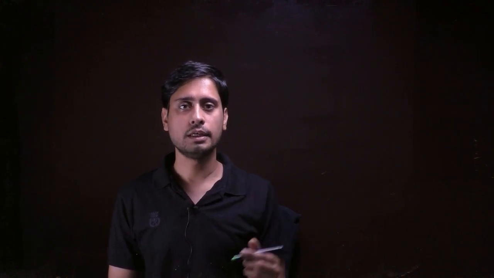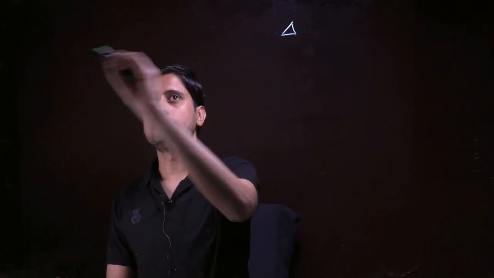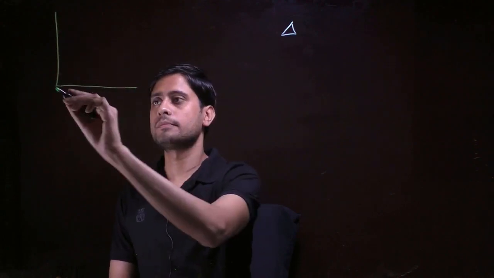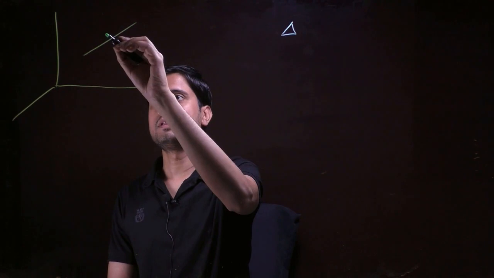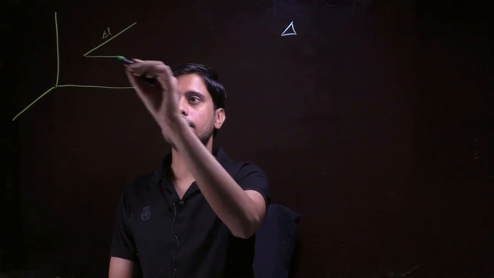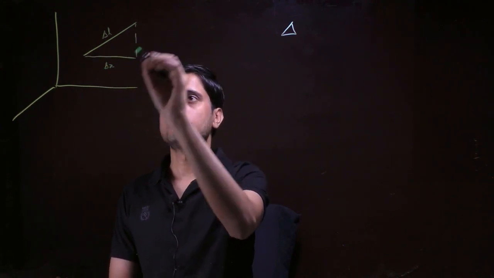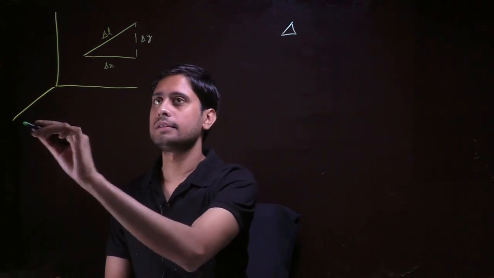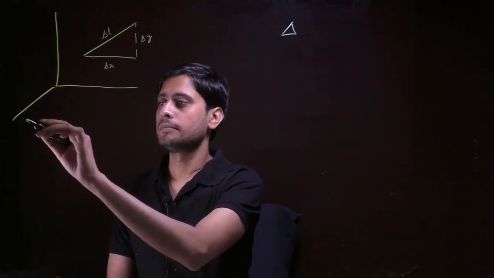In the last lecture we were discussing Galilean transformation and we saw that the length of a rod remains invariant, and also that the components of the length, that is the projections of the rod on the three axes, remain invariant. This is the rod, this is the coordinate system, and we have a small rod with length delta L. Then it has three components, delta x and delta y are visible, but delta z is not visible in this diagram.